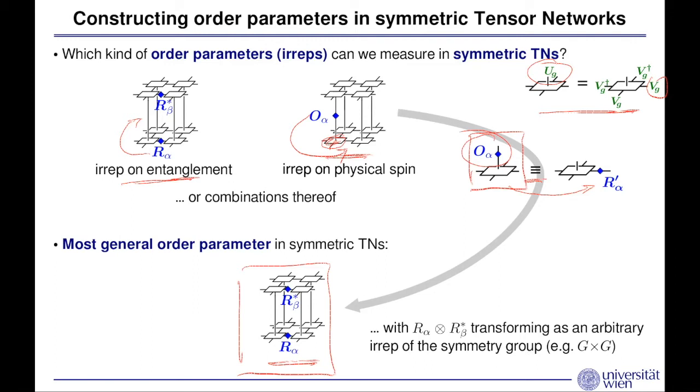What matters for order parameters is the transformation property under the symmetry. Everything else is kind of fine-tuned. So then this thing will transform in a certain way under the total symmetry here, but this will transform the same way, or maybe the inverse way. Maybe I have to invert alpha. One has to think carefully about that. But I'm also saying that if you have a generic system and your bond dimension is very big, actually there will be an R such that these two things are equal, right?